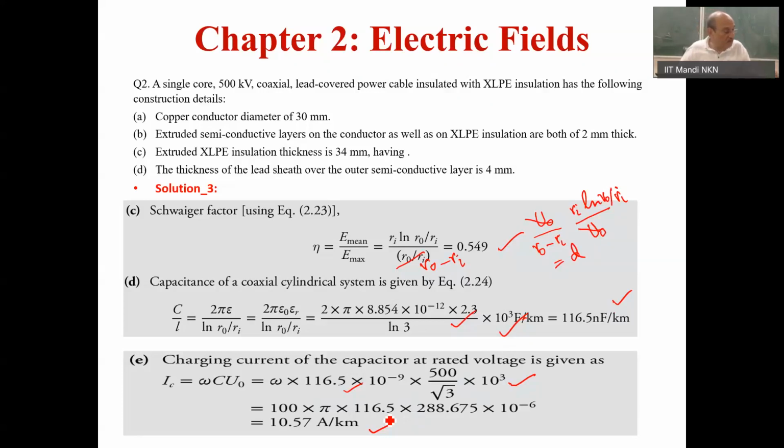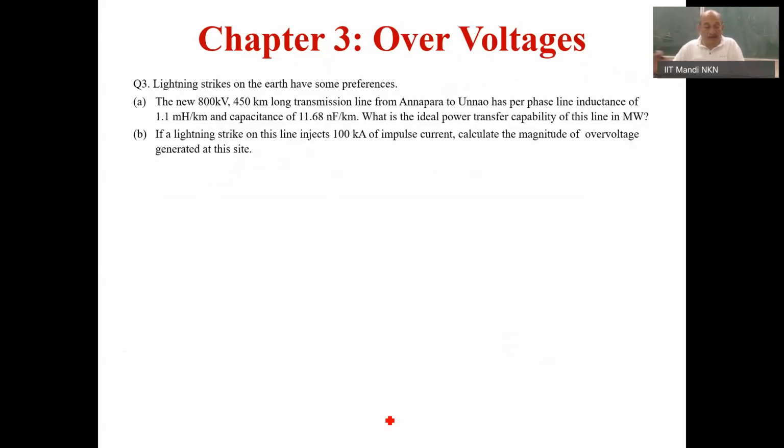So let's go to the third example. Over voltages. The third chapter was that of over voltages, and the third example is given from the generation of over voltages.